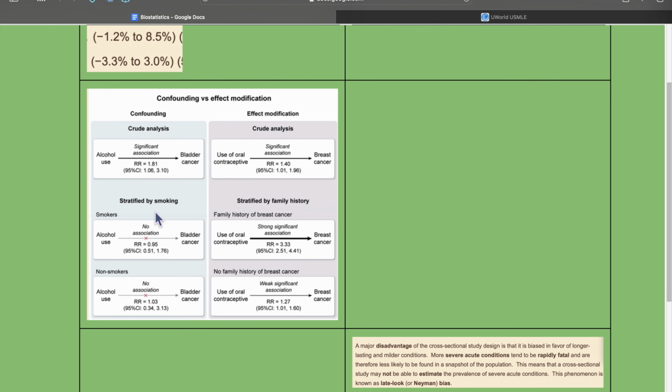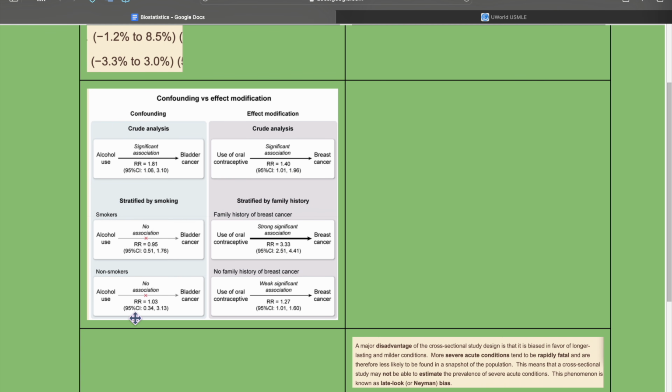However, when we stratify by smoking, looking at alcohol use and bladder cancer, there is no association. RR is equal to 0.95, and the confidence interval includes the number 1 now. That's why it's not considered significant anymore, so there is no association.